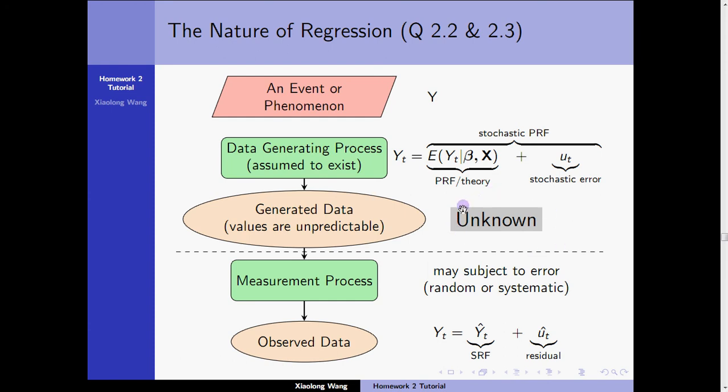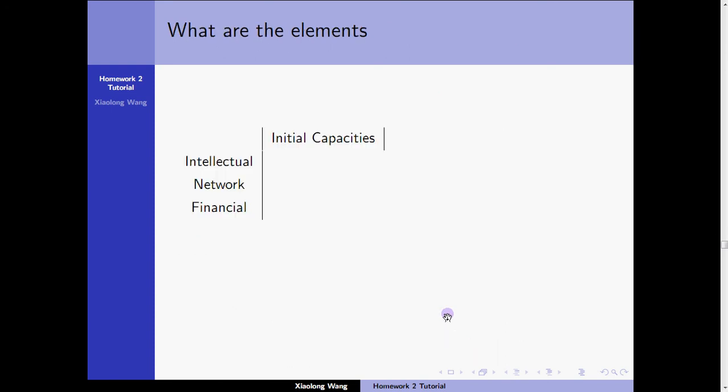So if the theory is wrong, it means the data generating process is wrong. Then the whole structure will break down. So that's why we have to be very cautious about how our theory is specified and constructed, and then how we can use it to guide our data analysis. And this is the end of our section.